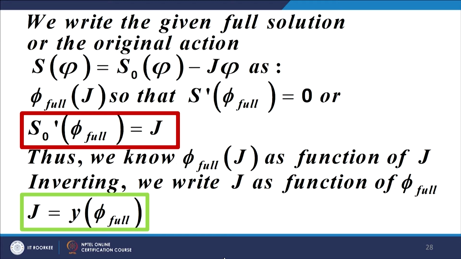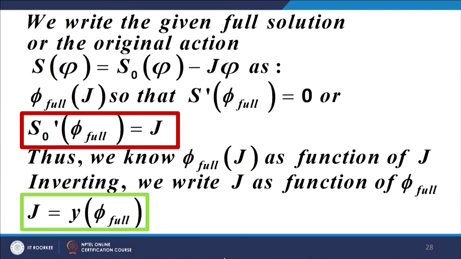And because φ_full[J] is a solution of this, we must have S'[φ_full[J]] equal to 0, or S0'[φ_full[J]] equal to J. We arrive at the expression given in the red box because φ_full[J] is the full field solution of S[φ]. That implies that S' of φ_full must be equal to 0, and that gives us this result.